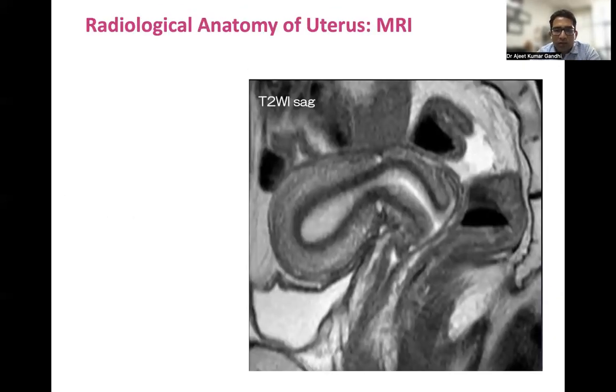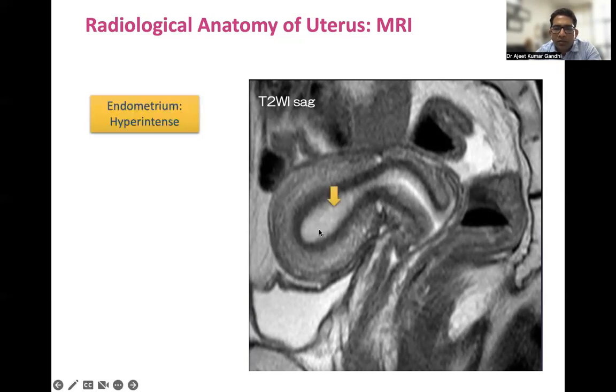More important for us is to understand the MRI radiological anatomy. So the most important sequence for us is T2 weighted images, and we can appreciate a central hyperintensity, and this is nothing but the endometrial cavity with the fluid secretions and the glands inside it, which is showing a hyperintense signal.